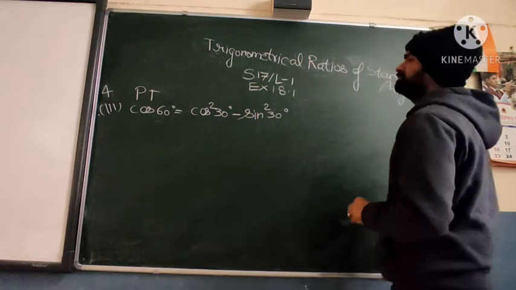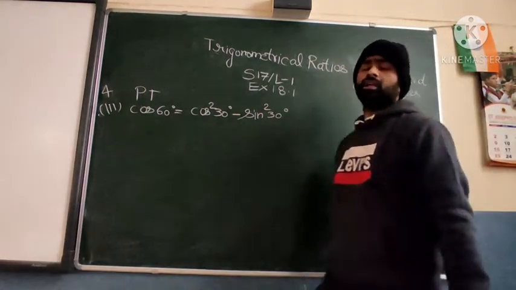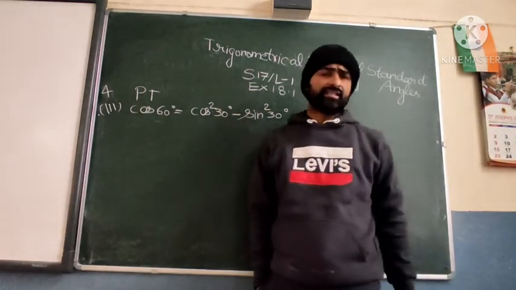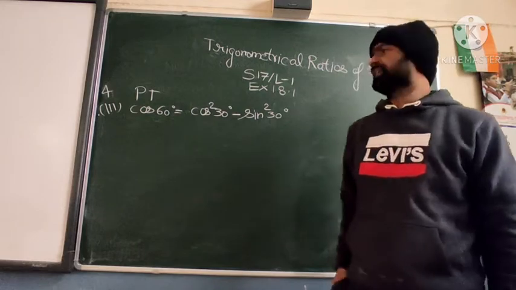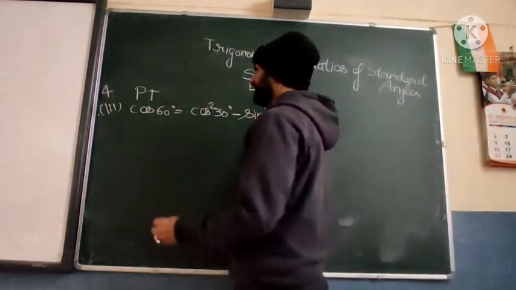Okay. Now see, there you can also use the identities, but here since they are giving the value of the angles, let us take it directly.